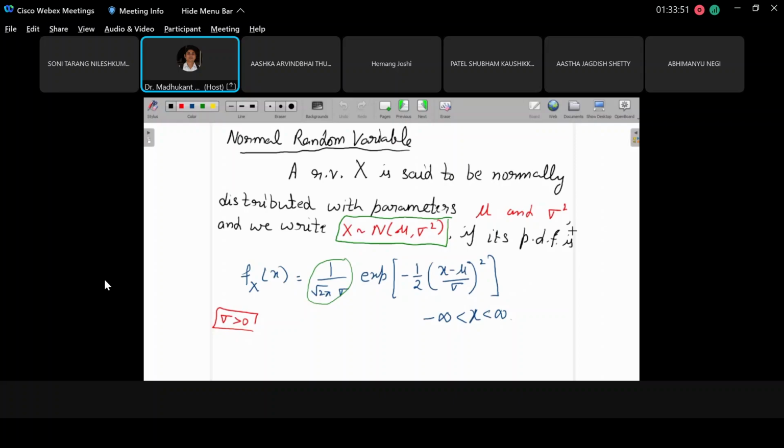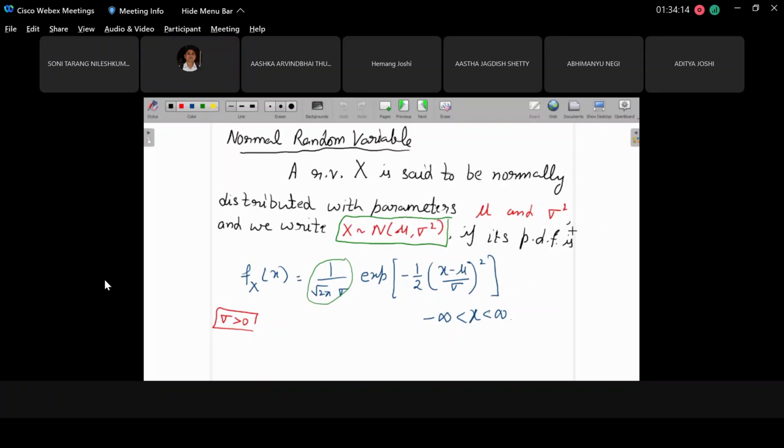Later on you will see at the end that the central limit theorem will tell you that if you go for n large, any type of random variable, the curve will converge to the normal random variable.